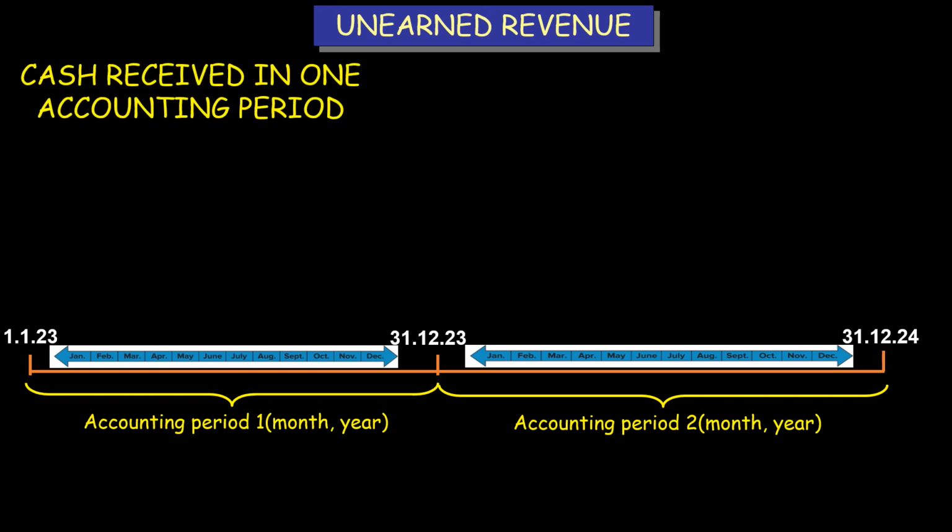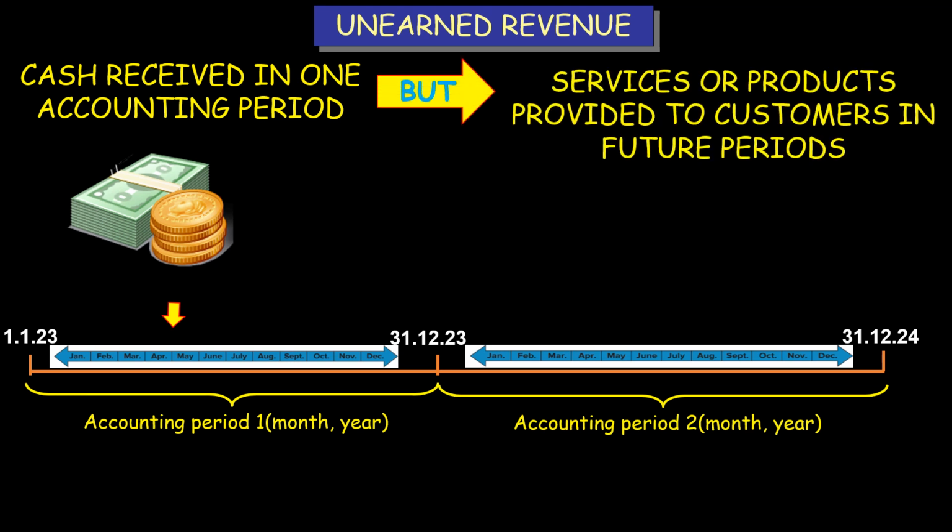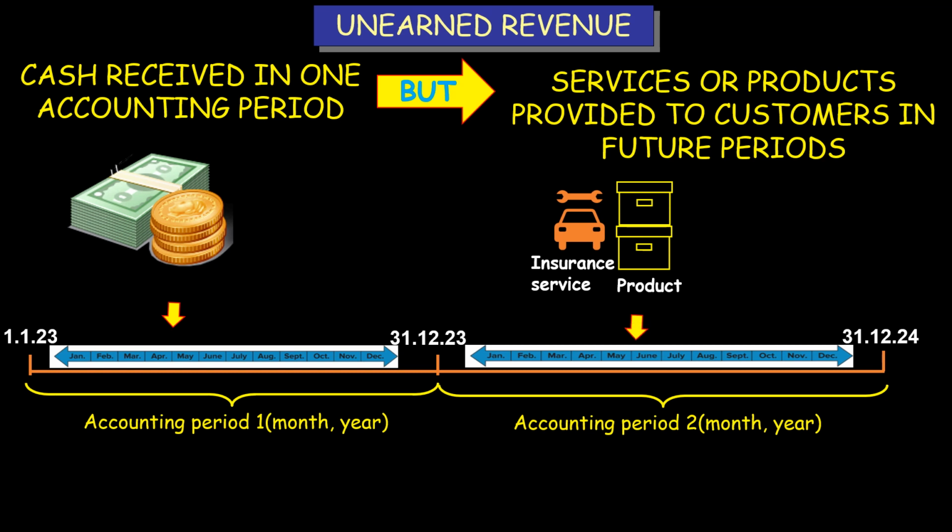Now, unearned revenue is when cash is received in one accounting period. So a business gets cash in one accounting period, say in the month of January, but products or services are provided to the customer in a future period. So you can see that the service is provided in period number 2, or products are provided in period number 2.